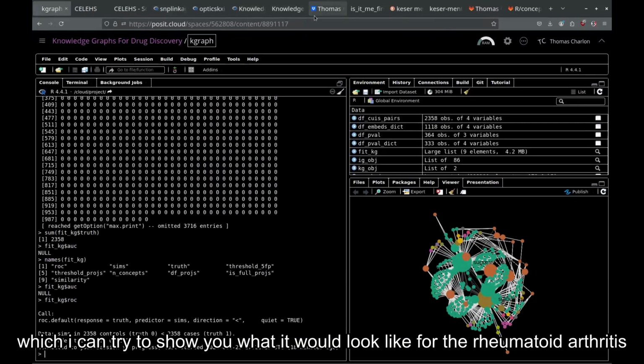I can try to show you what it would look like for the rheumatoid arthritis.